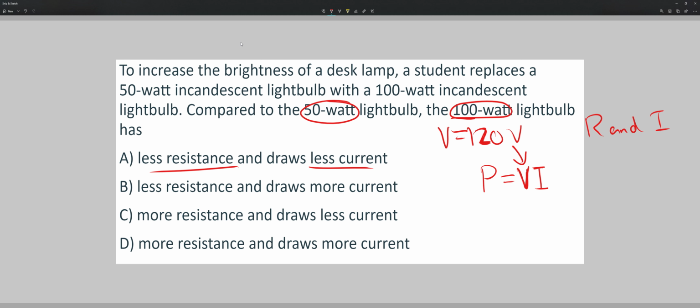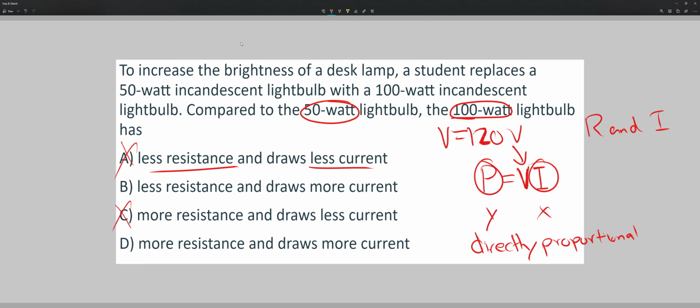And so really just based on this formula, we can say that P and I are directly proportional, right? There's a linear relationship there, which means that if I double my power here, then I also must be doubling my current, which means I am getting more electric current. So by that mere fact alone, we can really just eliminate two of these choices already.